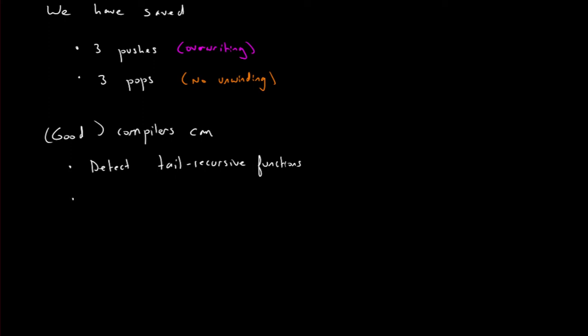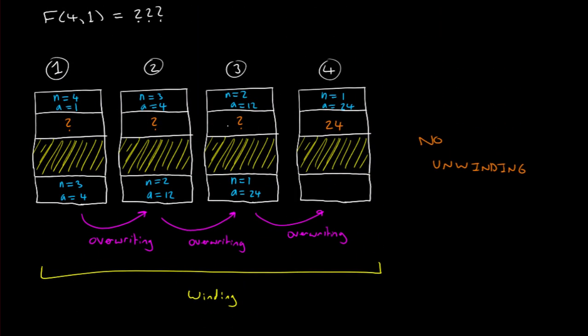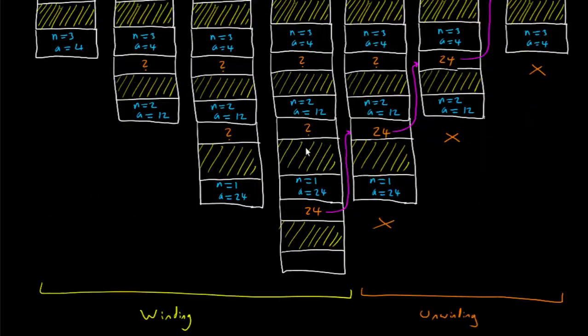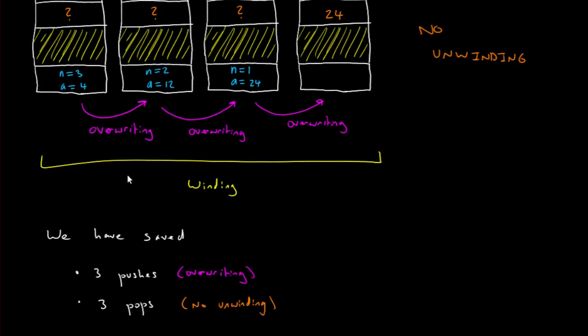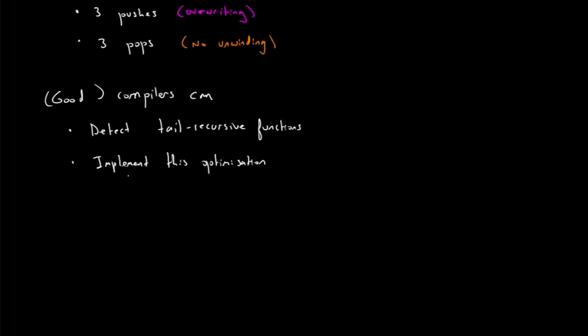And two, what they do once they've done that is implement this optimization. So the machine code will look more like this than it will look like this. And you'll have shaved off 3 pushes and 3 pops, saving you indeed a really good amount of work.